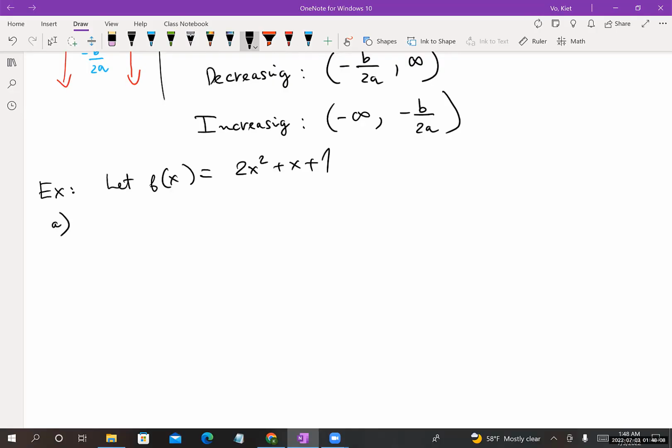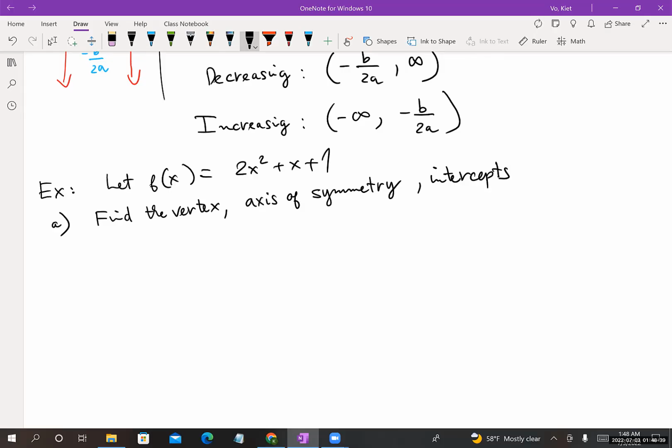We're going to find the vertex, axis of symmetry, and intercept, and by intercept, I mean both x and y intercept.